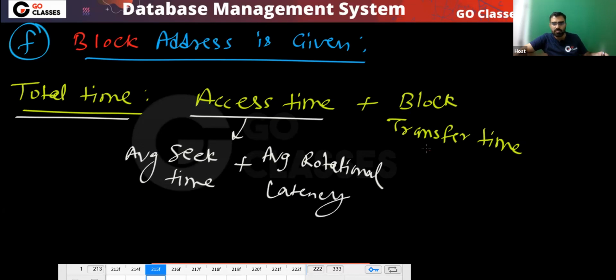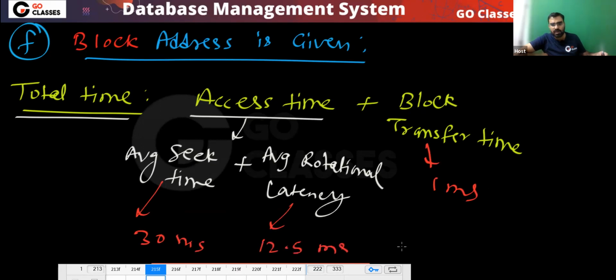And this you already know. Block transfer time is already 1 millisecond. And this average seek time is already given to you, 30 millisecond. And this average rotational latency is already 12.5 millisecond.